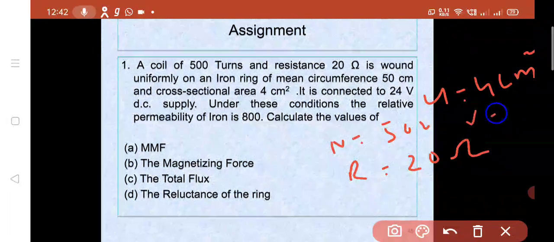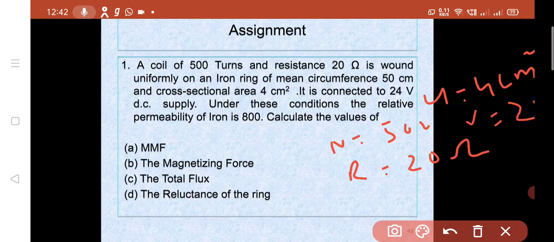V is equal to 24 volts, and the permeability μr is equal to 800. Okay, we can solve: the first one is MMF, the second one is the magnetizing force, the third one is the total flux, and the fourth one is the reluctance of the ring. These are the four to find out.